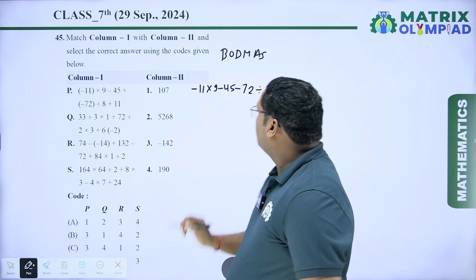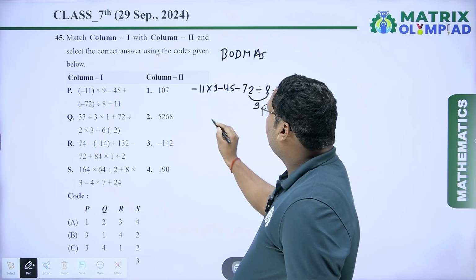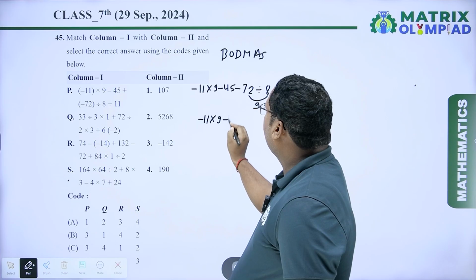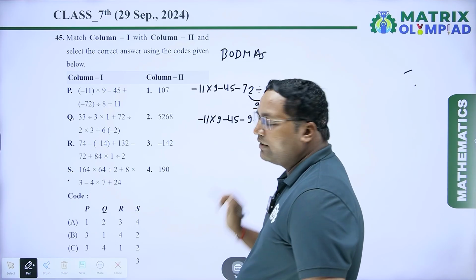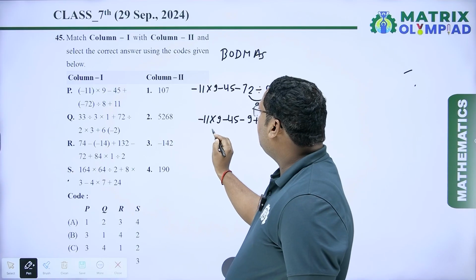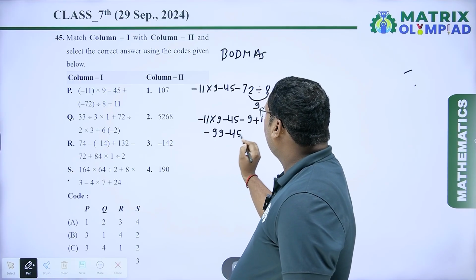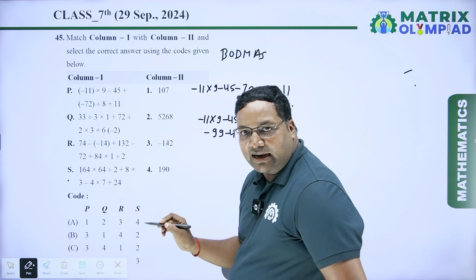Now solve this. First of all we have to divide this and we will get 9 here. So minus 11 into 9 minus 45 minus 9 plus 11. Here 11 nines are 99. So it is minus 99 minus 45 minus 9 plus 11. Now add these three negative values.